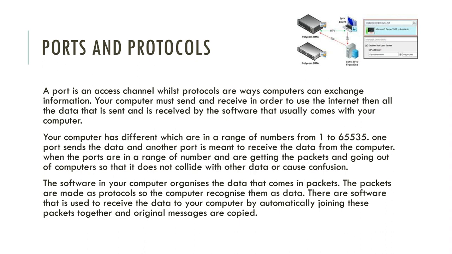So your computer has a range of port numbers from 1 to 65,535. One port sends the data and the other port is meant to receive the data from the computer. So it works by the port sending one to another through a protocol.